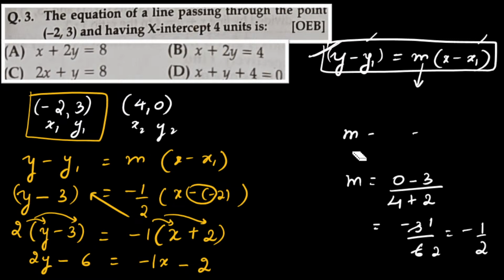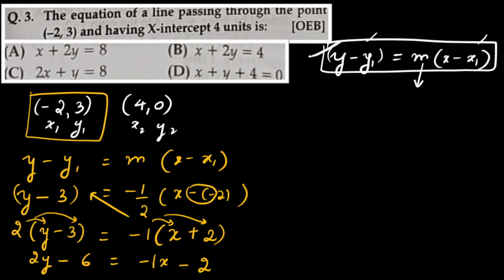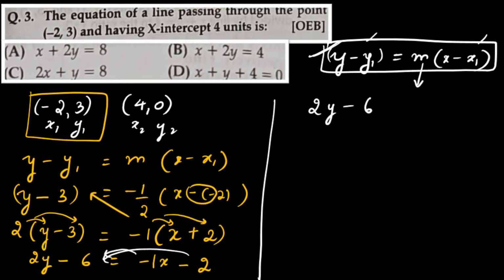Now let us further simplify and we'll see which option is the required answer. You can also solve it along with me and share your answers. Let's shift everything to the left side. So I already have 2y minus 6. If I shift minus x to this side, it will become plus 1x.